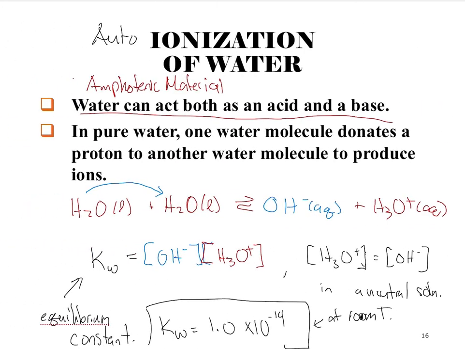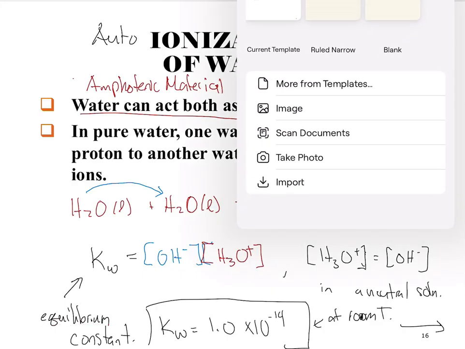Using these two together, am I good to go on to the next slide, or is anyone still writing? Good. Because we've measured this value, and we know this has to be true in a neutral solution, we can solve for the concentration of H3O plus in a neutral solution.